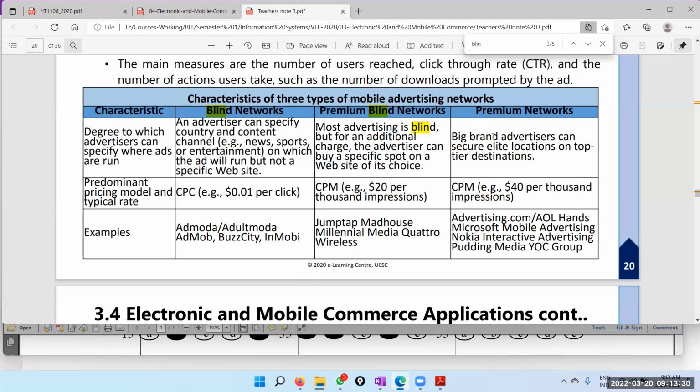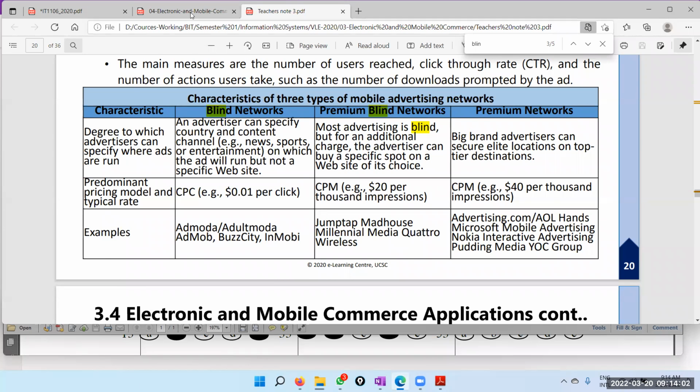So that is called premium. Okay. So we can secure a particular location in a particular site. So premium blind means in general it is blind, but we can pay extra money to get it premium features. Okay. So most advertising is blind, but for an additional charge, the advertisers can buy specific spot on a website. So that is called premium blind.